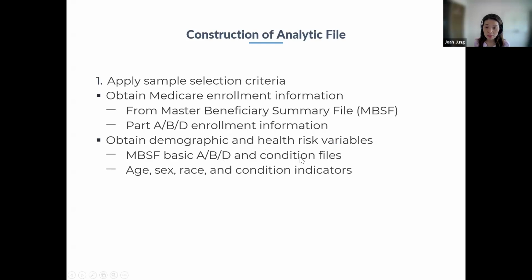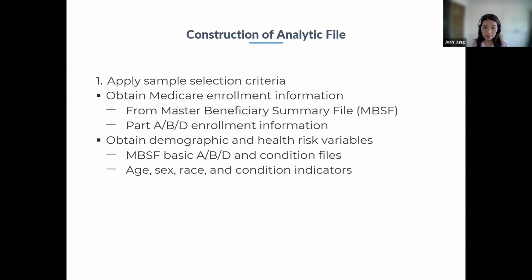We use the CCW chronic condition indicators, and probably simply use these indicators in the regression model. Using the MBSF file, of course, we can exclude MA, since this study is only for fee-for-service.